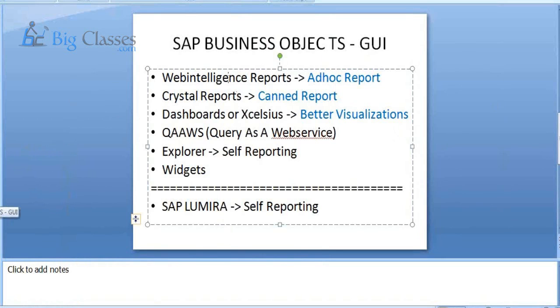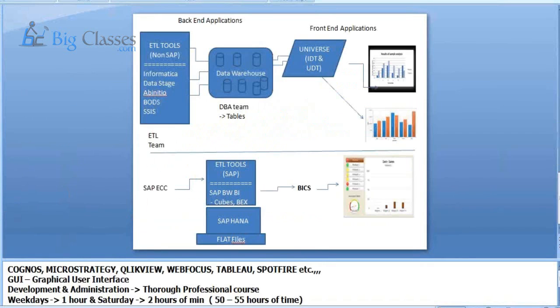I have one more question. Will you be telling us the reporting on HANA as well? Yes. But let me tell you, if you are thorough with one approach, let's say BO with an RDBMS database, then you can easily deal with BW as well as HANA. But yes, definitely I'm going to cover that topic as well. BO with HANA will also be covered.